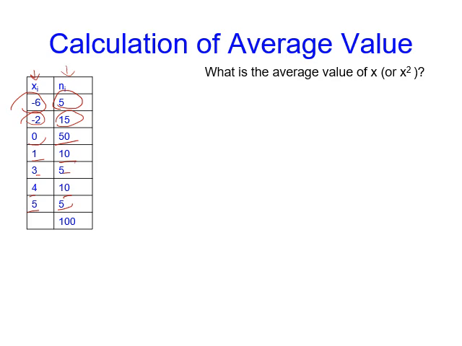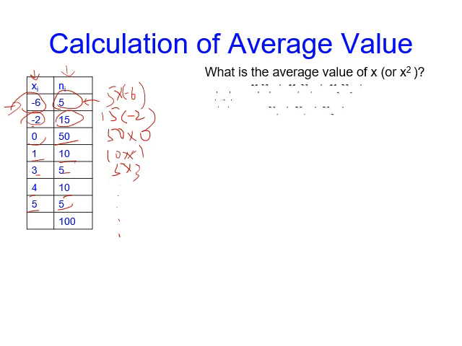To calculate the average grade, you need to calculate the total grades. Because 5 students have -6, the total is 5 times -6. And 15 have -2, so 15 times -2, and 50 have 0, so times 0, 10 times 1, 5 times 3, and you keep going.